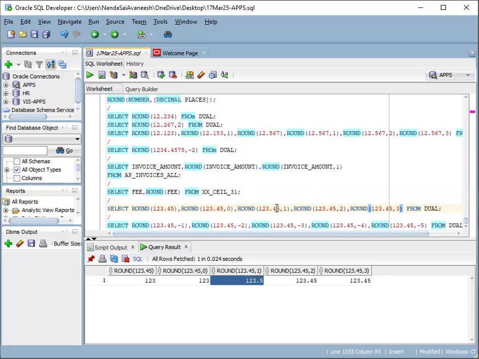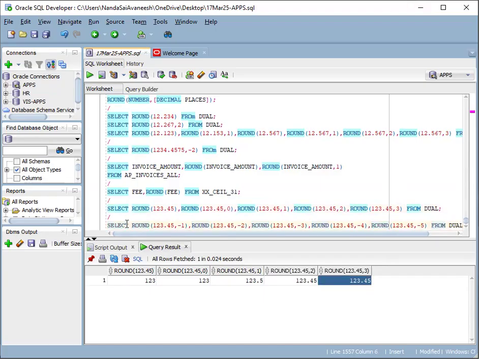Because after the decimal point there is a 5, so it is added to the 1, and it becomes 123.5. ROUND of 123.45 comma 2 stays the same, and with 3 also, because there are already only 2 digits after the decimal, so it is the same.